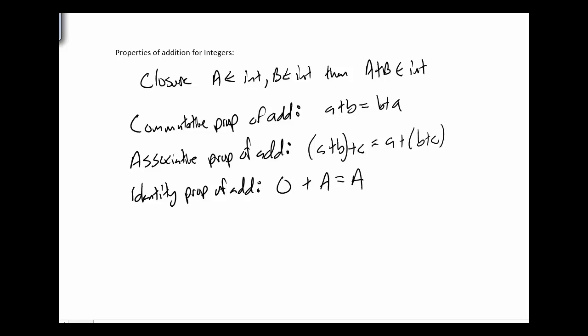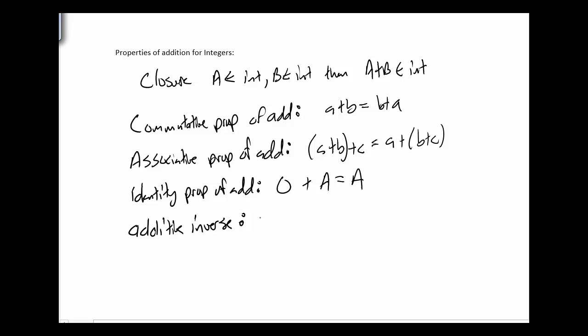But the integers allow us to bring up another property that we haven't seen yet called the additive inverse. Okay, the additive inverse property says that for any number a, there exists an opposite of a.